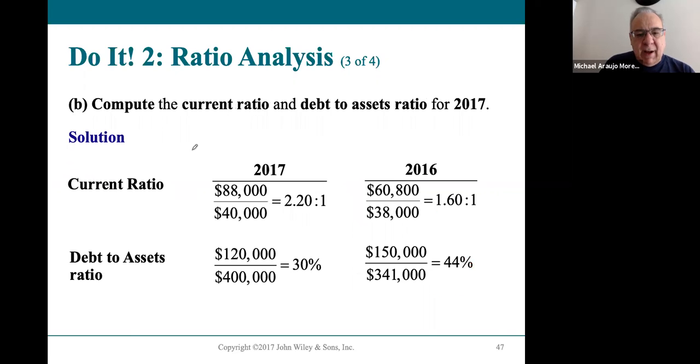The current ratio, as you know, is the current assets compared to the current liabilities. So in 2016, it was 1.6 to 1, 2017, 2.2 to 1, extremely strong, much better here. Debt to asset ratio, as you know, is just two numbers, your total liabilities on the top, total assets on the bottom. And so here in 2016, they had a 44% debt to asset ratio, 2017, much lower at 30%.